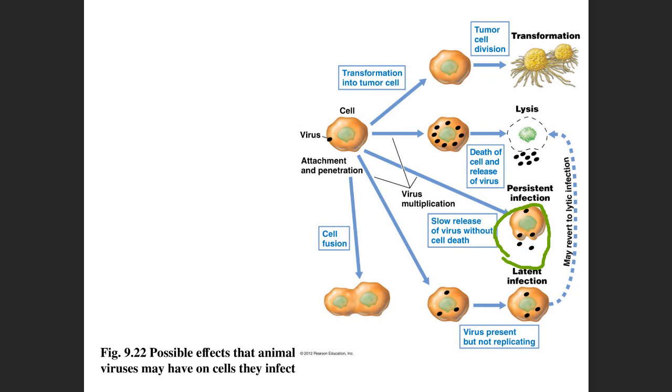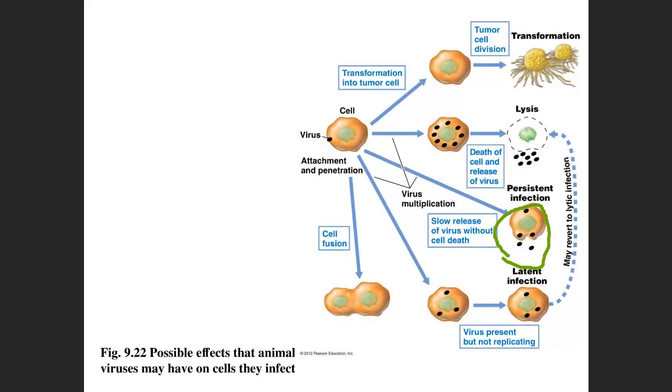In this case, they tend to form a bud, because the eukaryotic cell has a membrane, it's flexible, and they can have a drop, which we'll see later. They can have cell fusion, and they can also have latent infection.